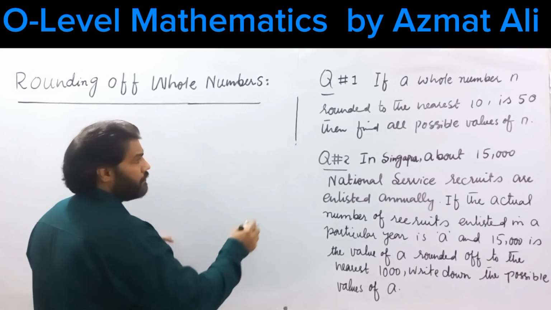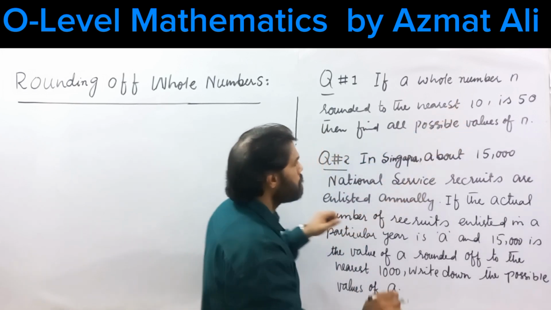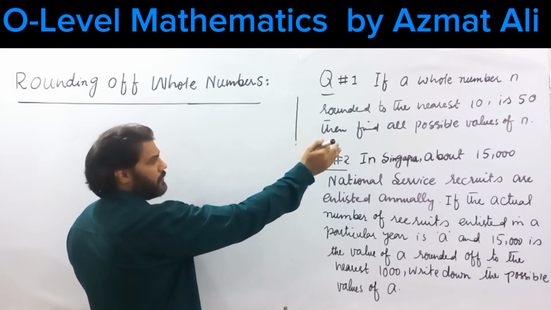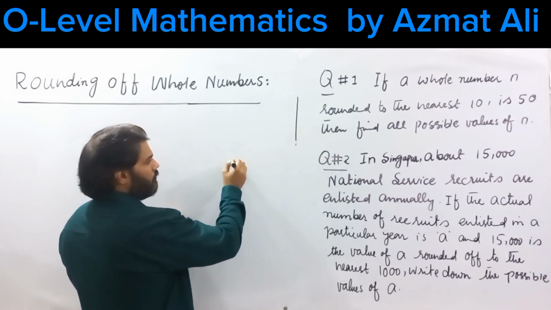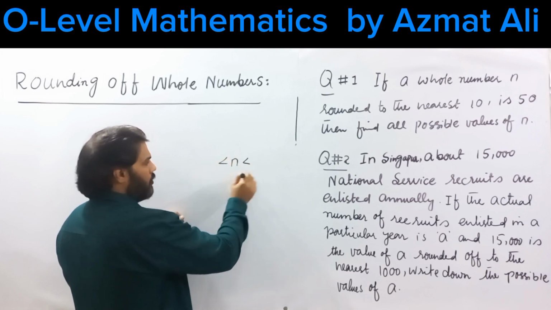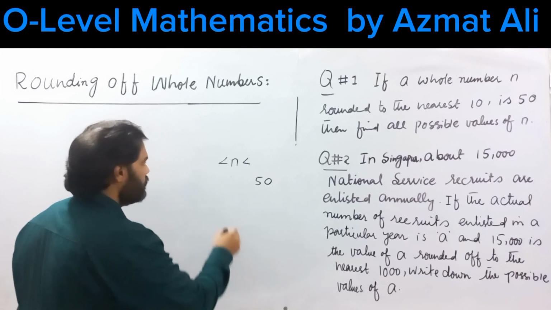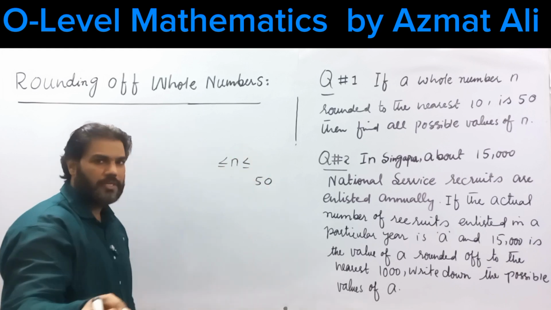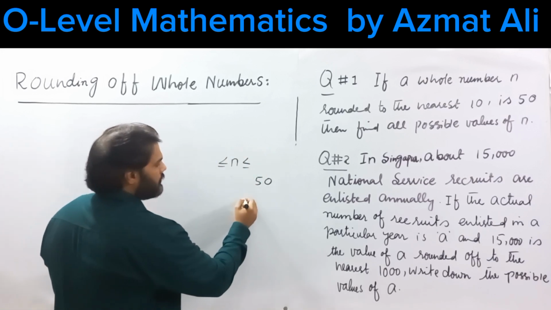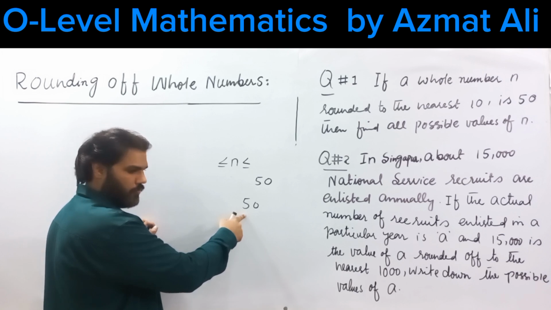There is a whole number whose rounded value is 50. We have to find all possible values of n whose rounded value to the nearest 10 is 50. There is a very easy and simple way to write all possible values of n here. This is the given rounded value, 50.